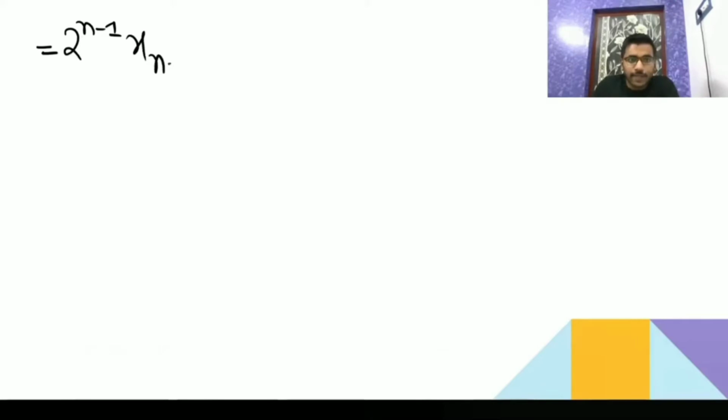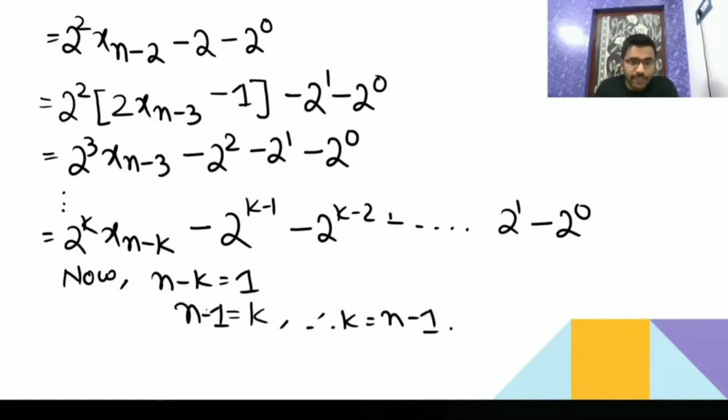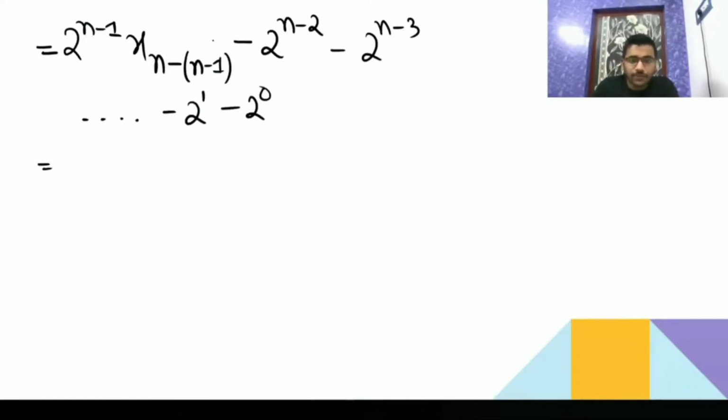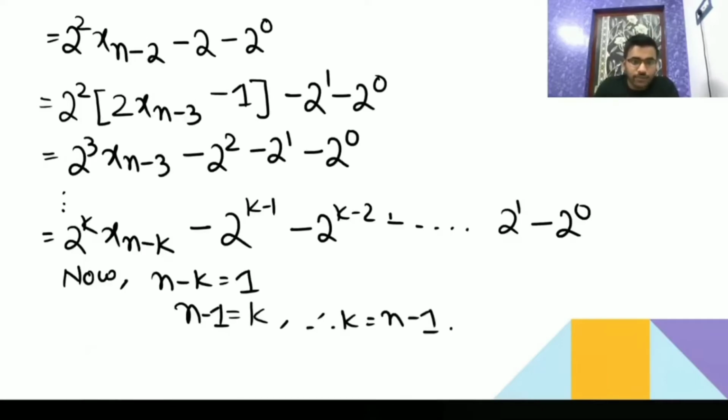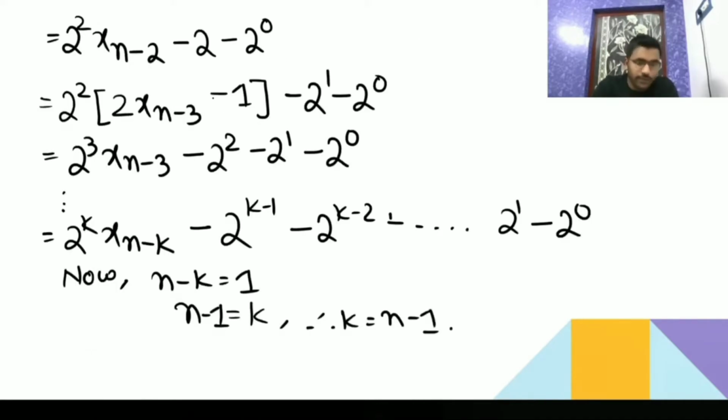x_{n-k} was there. In place of k I will write n minus 1, then it will be 2^{n-2}, because k minus 2, then 2^{n-3}, like this it will go, minus 2 to the power 1 minus 2 to the power 0. See what I did, in place of k I have written n minus 1, then k minus 1 becomes n minus 2, then n minus 3, like you are going to get 2 to the power 1, 2 to the power 0.